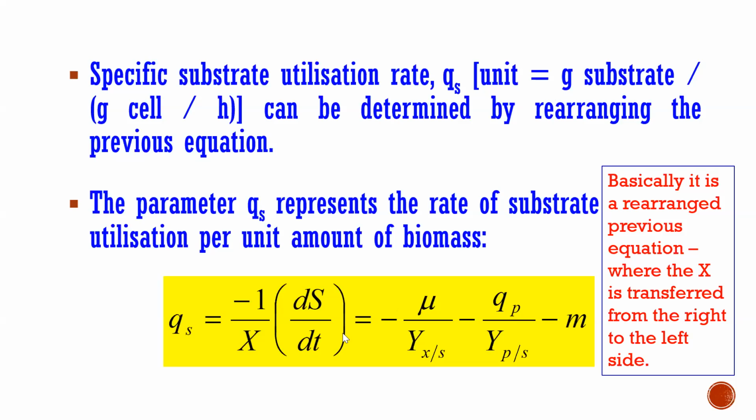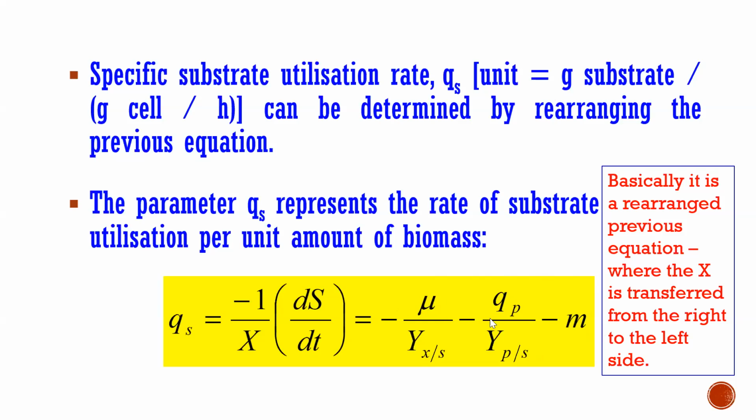So if you want to determine that, the same equation that you obtained previously, divided by X. And now the equation becomes like this. No more X as in the previous equation.